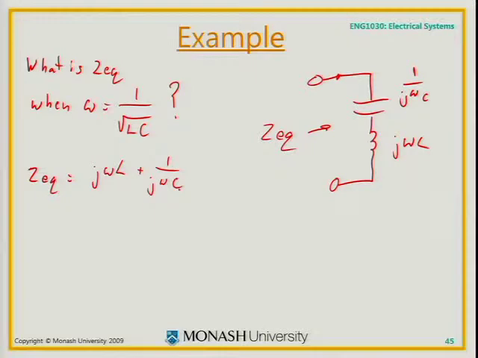So I sum them up. What's 1 on j? Minus j. So I could take the j out and write that as ωL minus 1 on ωC. And I want to substitute in this value of ω. What do I get?